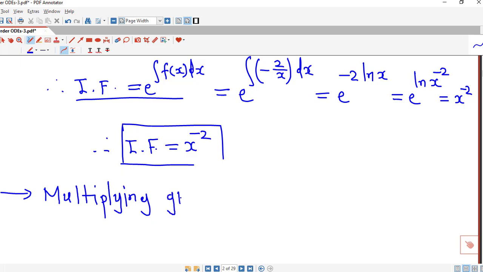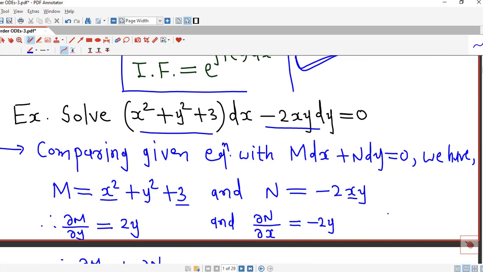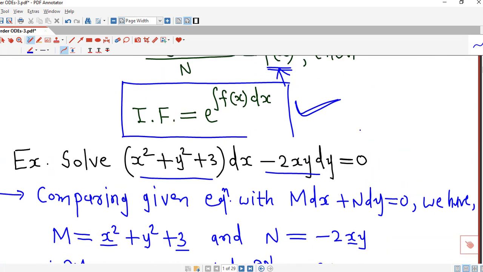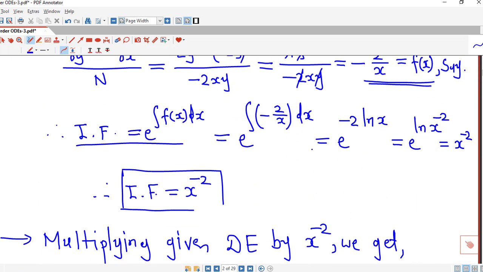Multiplying given differential equation by integrating factor x raised to minus 2, we get x square plus y square plus 3 dx minus 2xy dy.